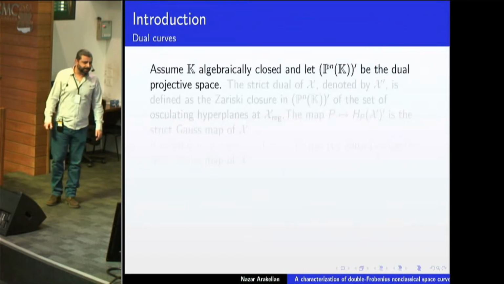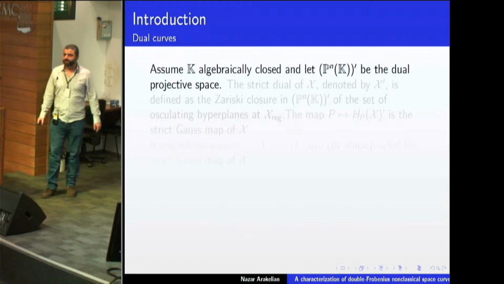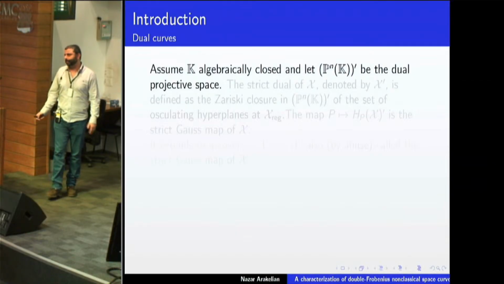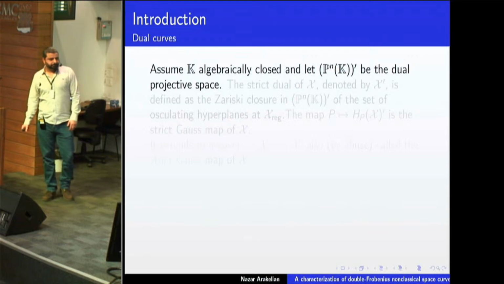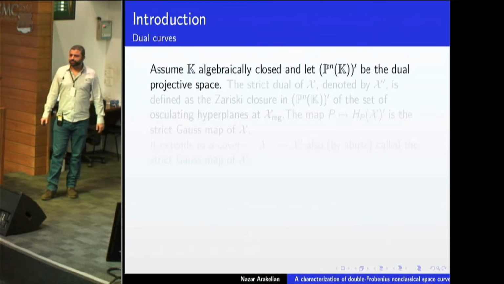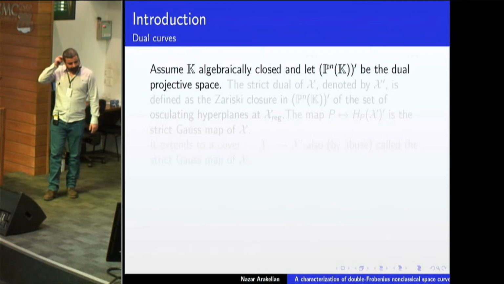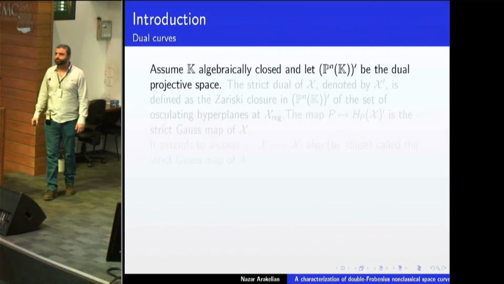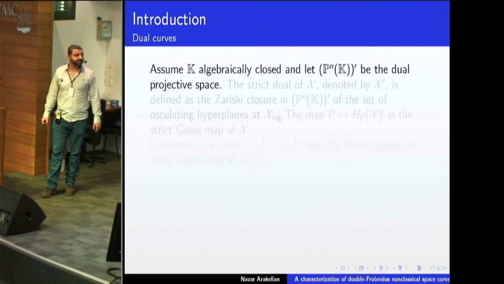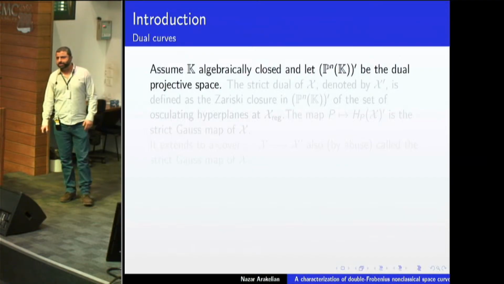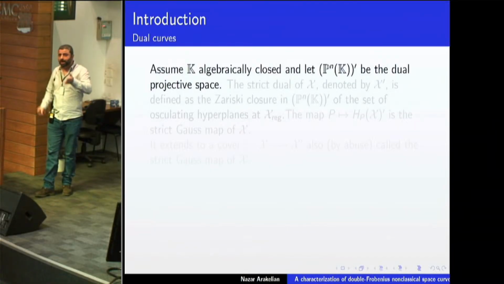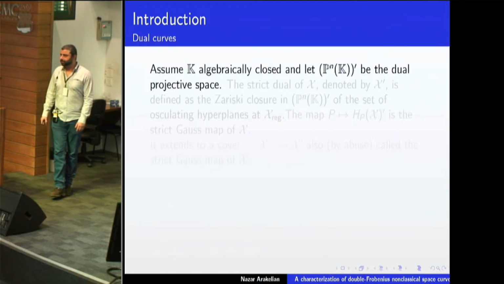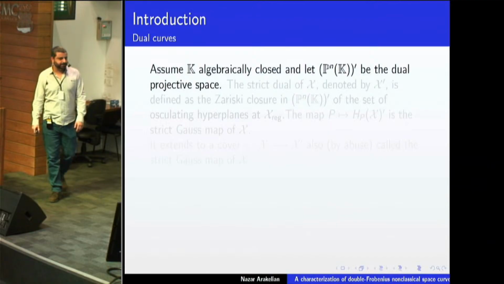A concept that in principle parallels this one of Frobenius classicality is the concept of duality of curves. So take an algebraically closed field K and consider the dual projective space of dimension n, whose points correspond precisely to hyperplanes of the projective space.